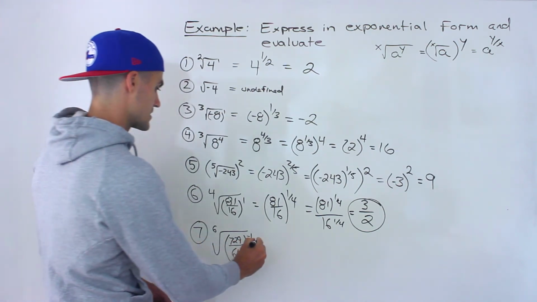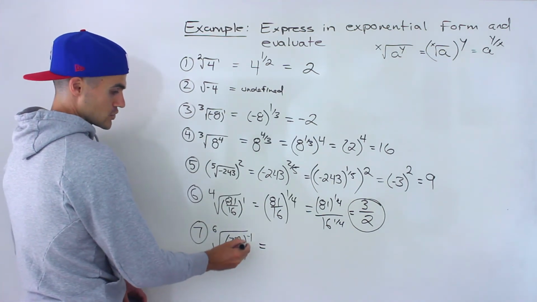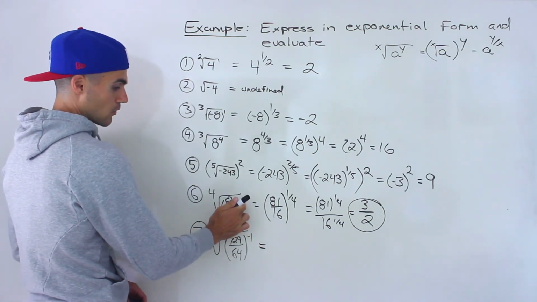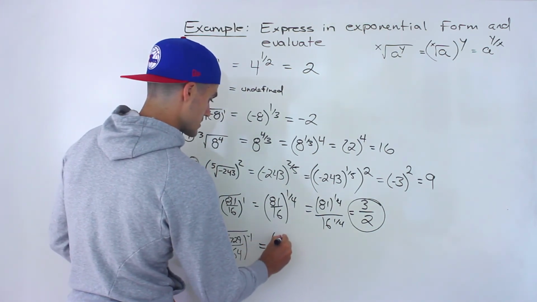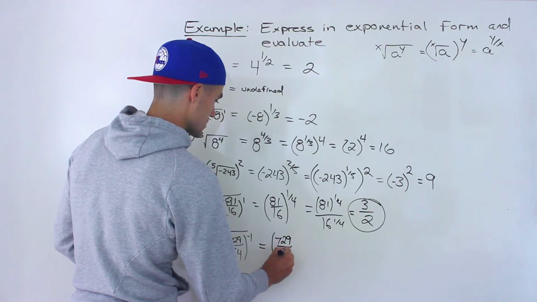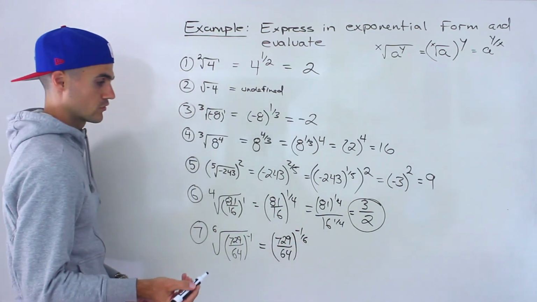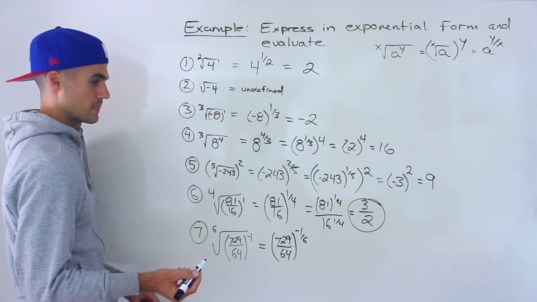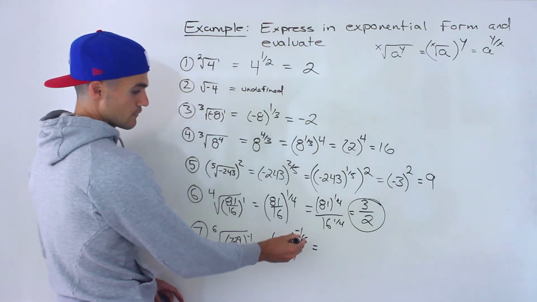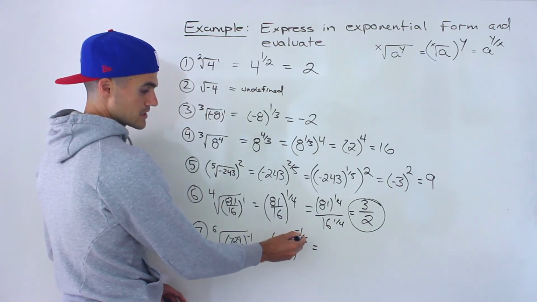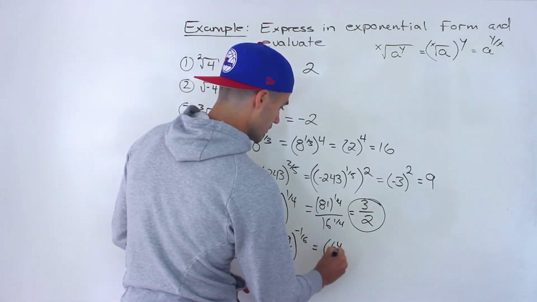And then finally, number 7. Notice we have another fraction to the power of negative 1 instead of to the power 1. And then we have the sixth root, so following this exact step, we'd have 729 over 64 to the power of negative 1 over 6. Notice that we have a negative exponent. A fraction to a negative exponent means we could flip the fraction.